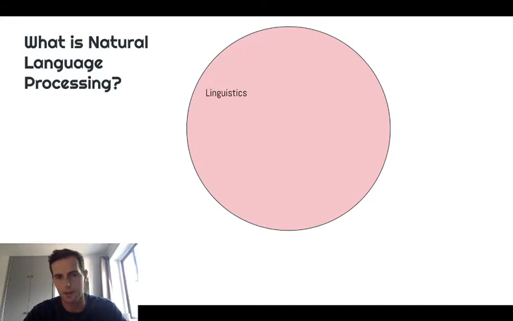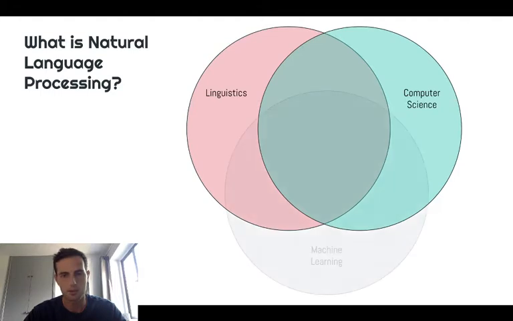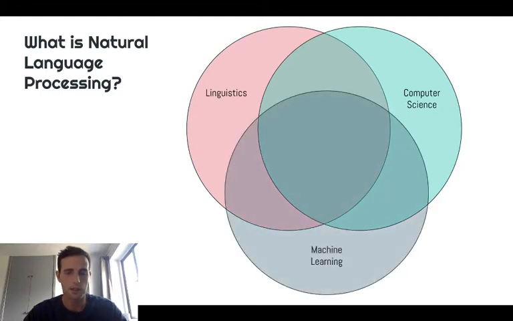Essentially anything to do with language and its history and its formation all falls under linguistics. The second field is computer science, which we're all familiar with, building applications, working with computers. And then the third field is machine learning, right? And if you were to take the intersection between the three of these, this is where natural language processing fits.